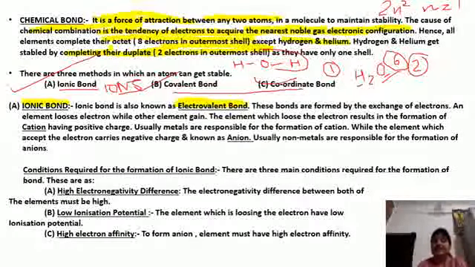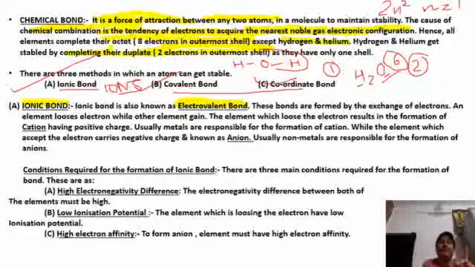What are ions? We all know very well कि to attain the stability or to complete the octet, any element can do 2 things. Either they can lose or gain electrons, or they can share the electrons.